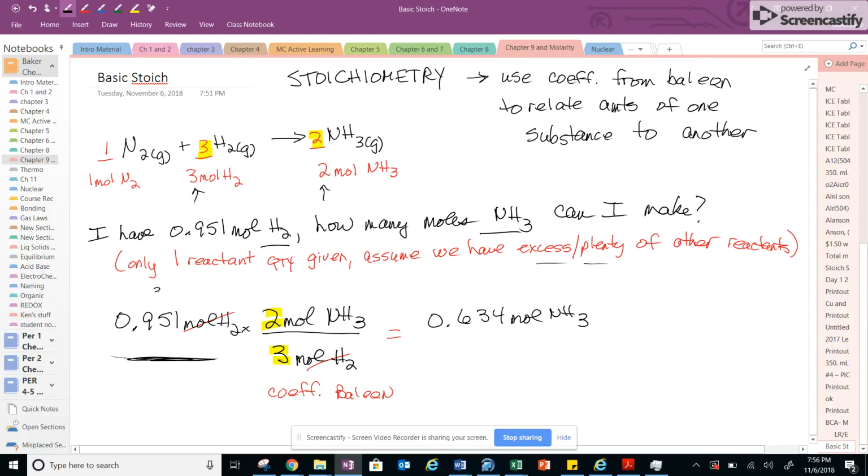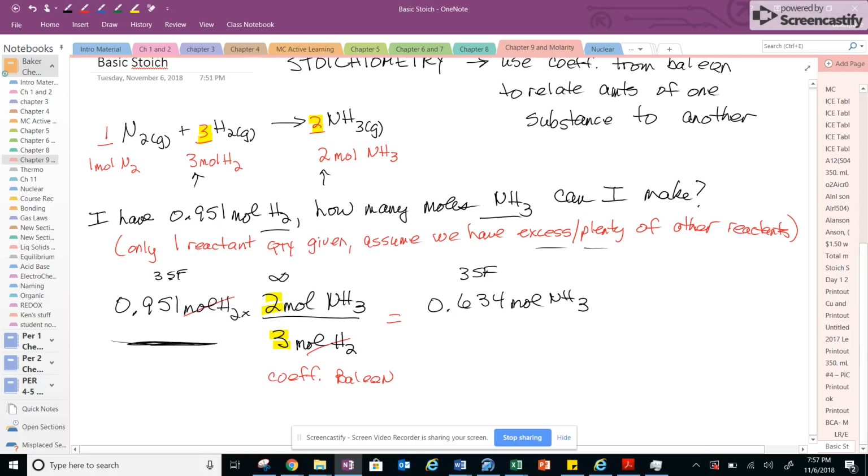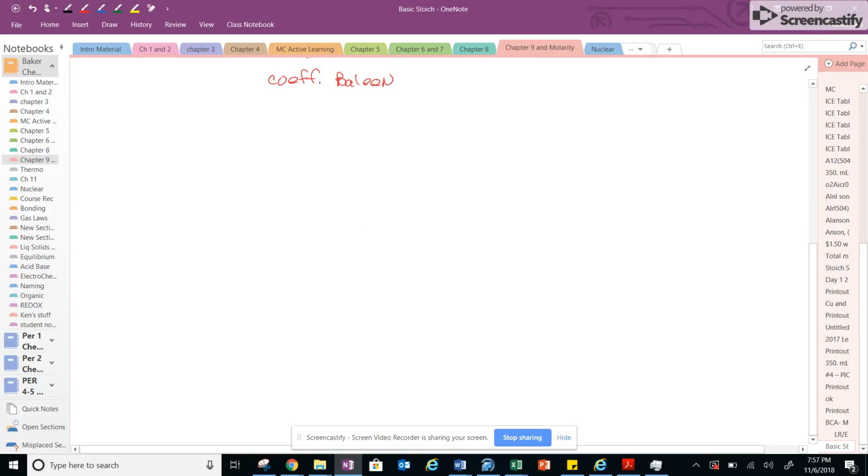All right, 3 sig figs in this measured value, infinite sig figs in those counting numbers. So then I need 3 sig figs in the answer. Easy.